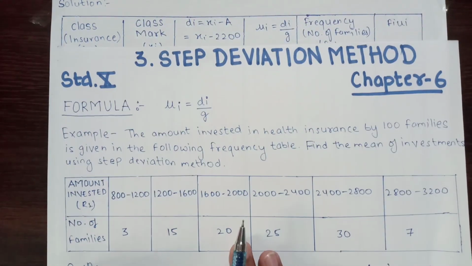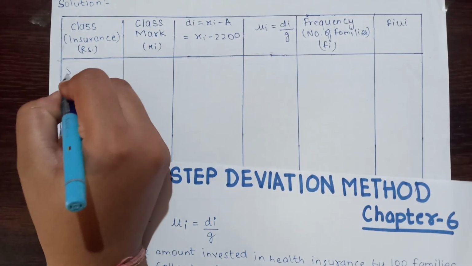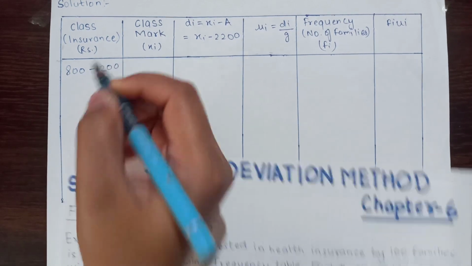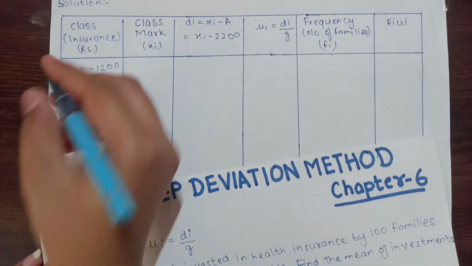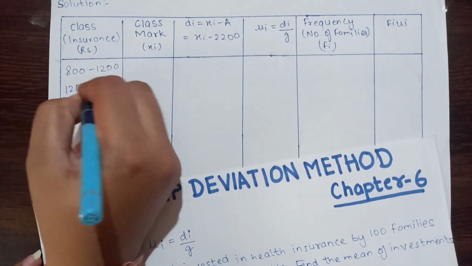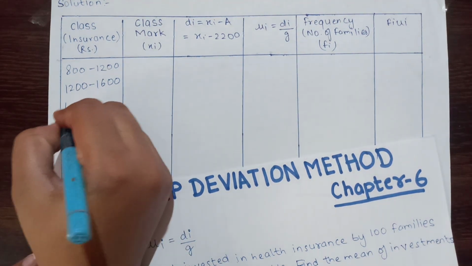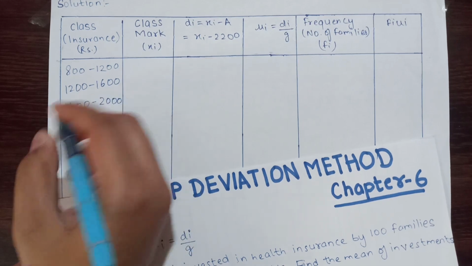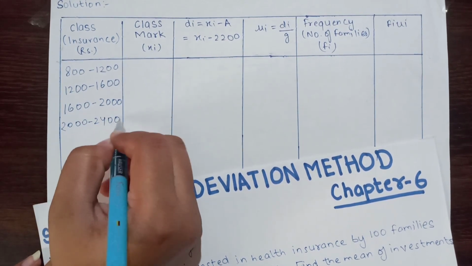So first is 800 to 1200. So we will write 800 to 1200. Then next is 1200 to 1600. So 1200 to 1600. Then next is 1600 to 2000. Then 2000 to 2400.